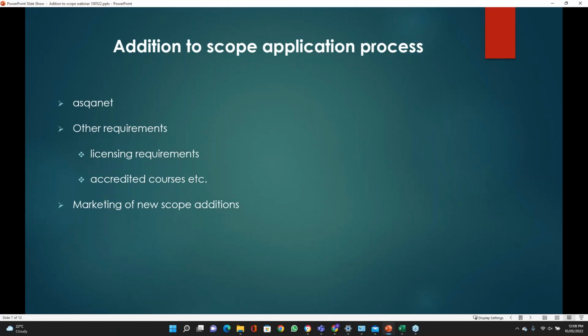This is an important point because over the last 18 to 24 months, we've seen a large number of applications for accredited courses being received by ASWA, and also a large number of courses being accredited by ASWA. Please remember that even if you work for the RTO that's going to deliver the accredited course and you own that course, you still need to give that RTO permission or a license to deliver that course.